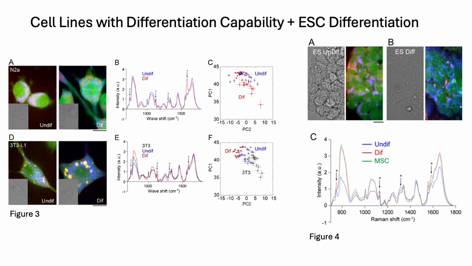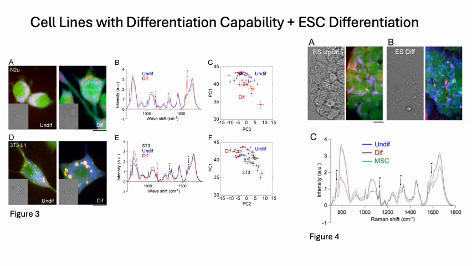Then LIF was removed so the cells could spontaneously begin differentiating over the course of about a week. Raman maps of the undifferentiated ESCs show relatively uniform distributions in the nucleus and low levels of lipid association signals. But after the 7 days without LIF, the cells appear flatter and showed stronger peaks related to the lipids. And this suggests that some of the cells were beginning to take on identities from lineages where lipid metabolism plays a more active role.